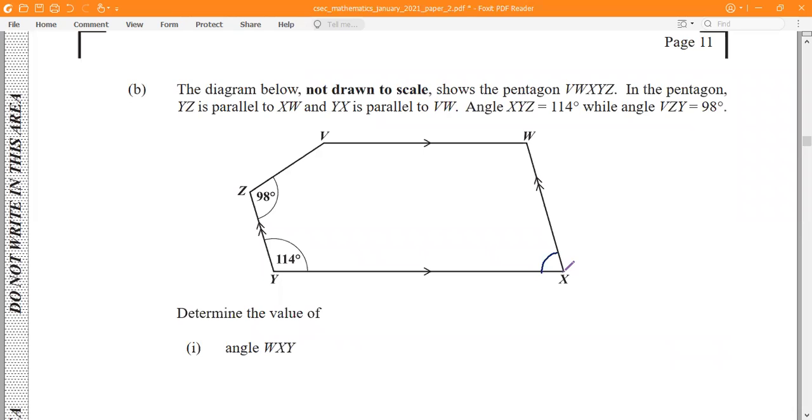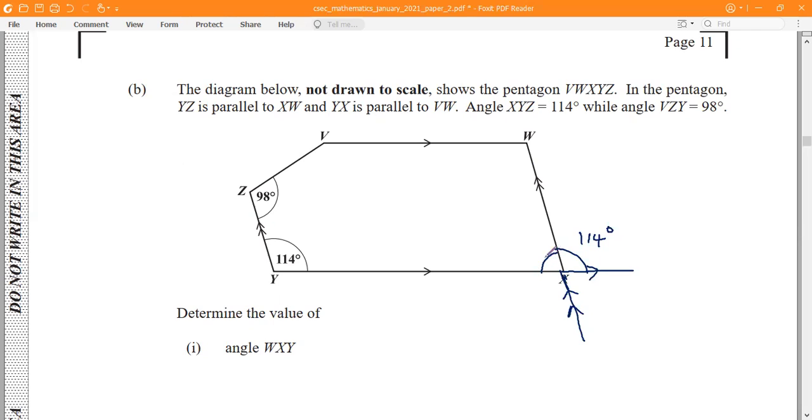We could extend this line a little bit, and this line too. When we do that, we see that these two angles are equal and that they are corresponding angles. So angle Y and this exterior angle are equal.